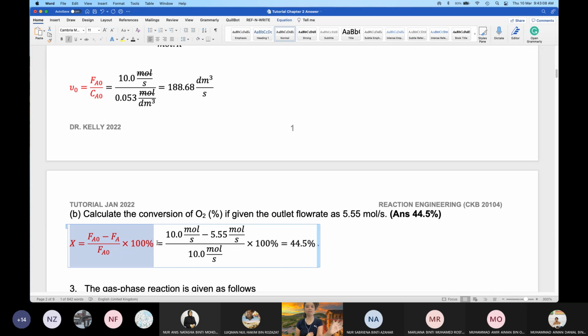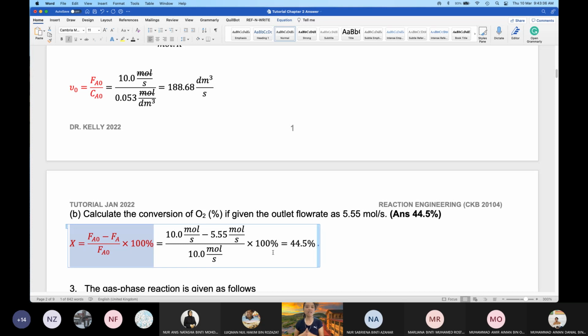Inlet molar flow rate FA0 minus dengan outlet molar flow rate FA, divide again with the inlet molar flow rate FA0. So 10 minus 5.55 divided by 10 again. And since they want in percent, you have to multiply with 100%. Dalam pengiraan, kalau kita tak multiply dengan 100%, dia menjadi fraction. Dia nak dalam percentage, darab sajalah dengan 100%, you get in terms of percent.